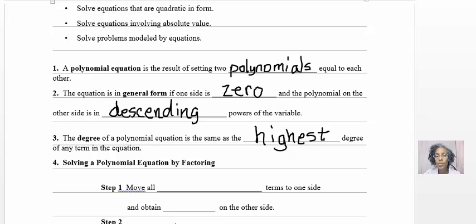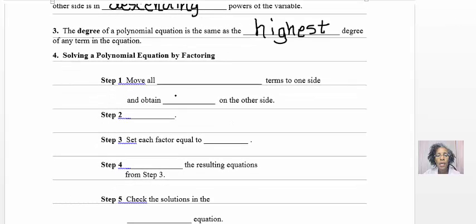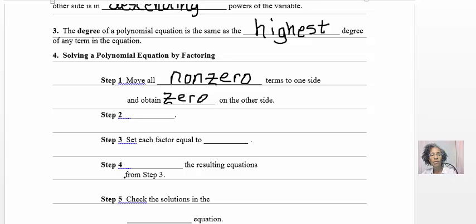So solving a polynomial equation by factoring involves moving all non-zero terms to one side and obtaining 0 on the other side. So that's step 1 of solving a polynomial equation by factoring. Step 2 is to actually factor.